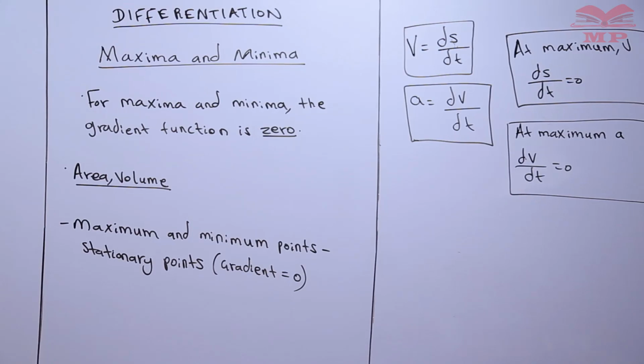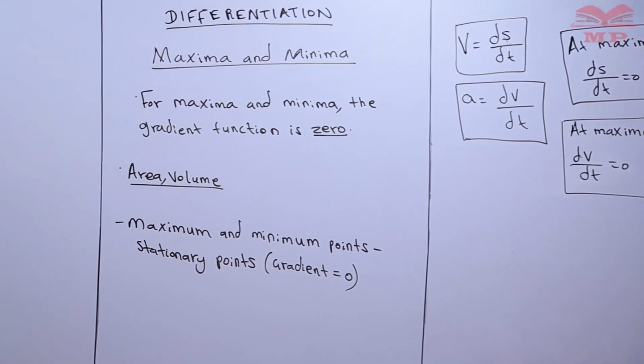So we are going to do some examples so that you can understand more how to calculate maximum and minimum, whether it is area, volume, acceleration, velocity, or any other quantity.